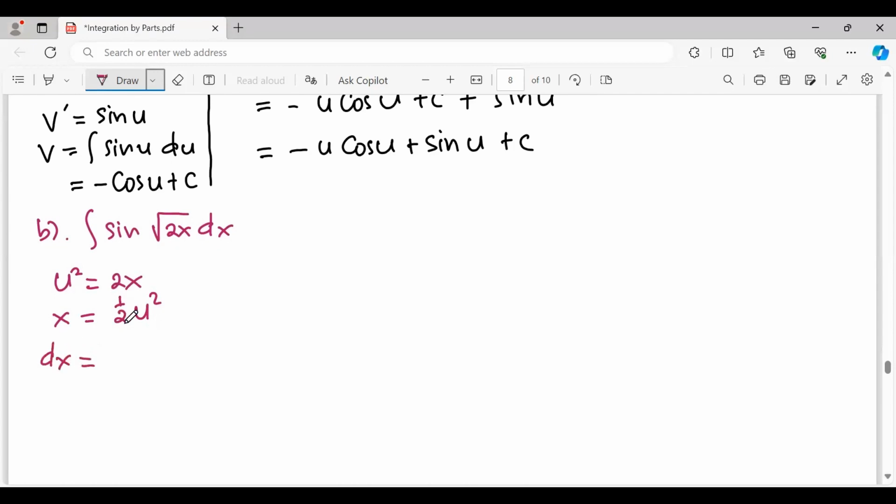So dx equals u du, 2 times half. So it becomes the integral of sine square root of u squared times u du, because dx equals u du.